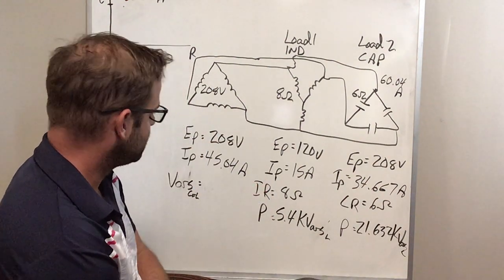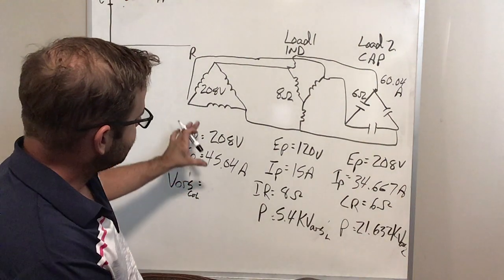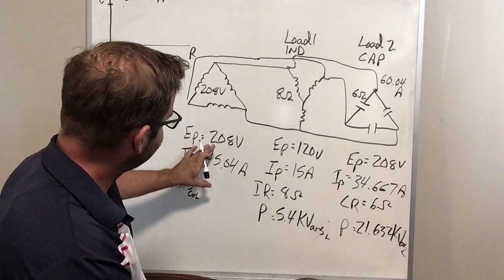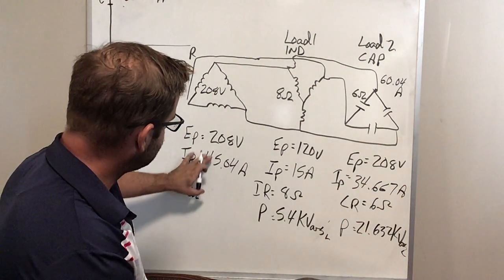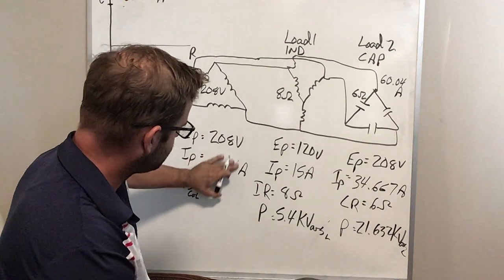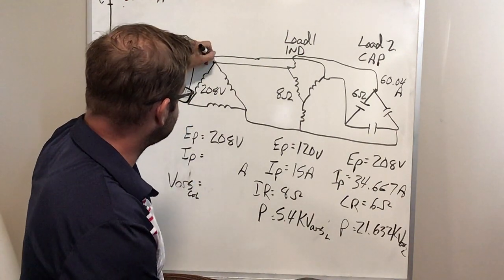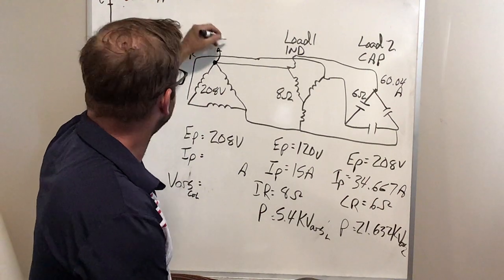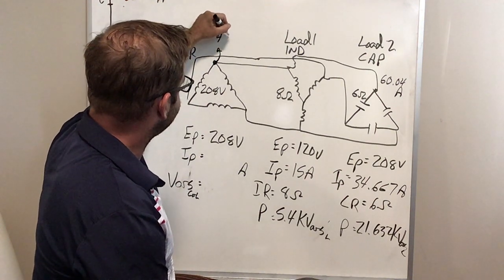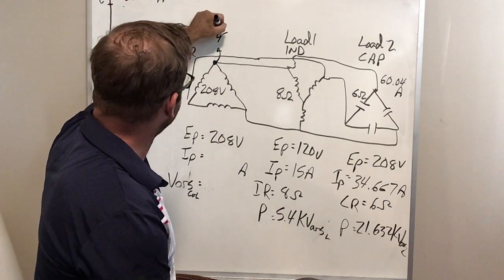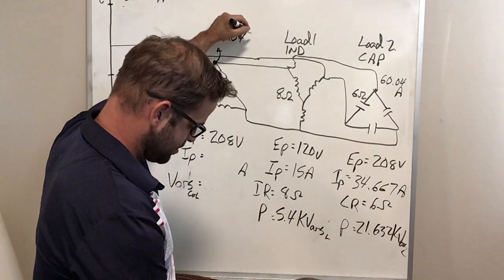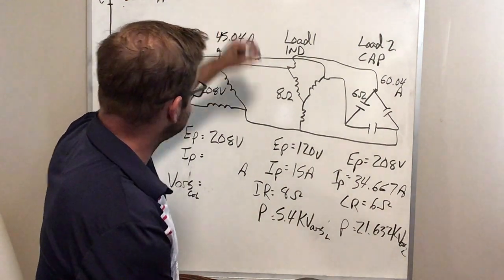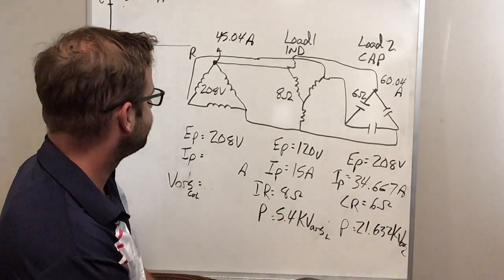Now I want to show you something here. If we use this, that is a phase or a line value, 45.04 amps in a line value.